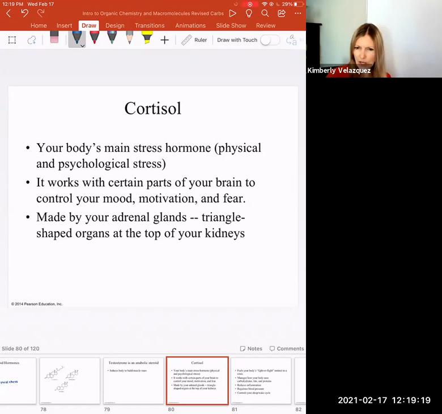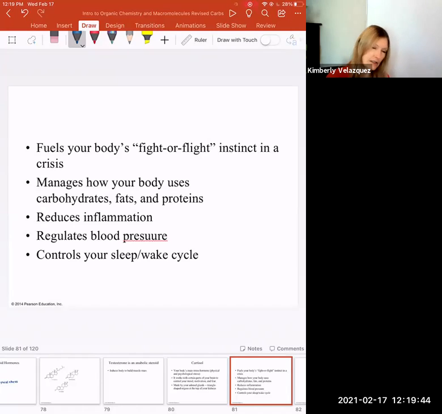Your adrenal glands are on top of your kidneys, and cortisol does a lot of things, but really it's your stress hormone. It's supposed to reduce inflammation due to physical stress, but it's also produced in response to psychological stress. It controls your mood. It controls a lot of things, and it's really part of your body's fight or flight response.